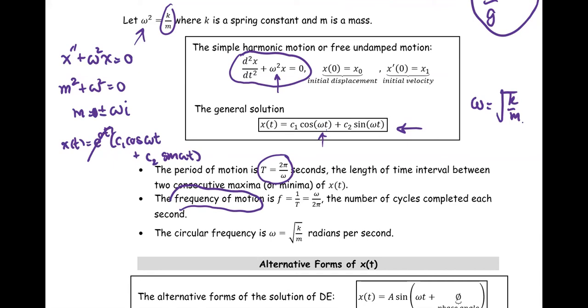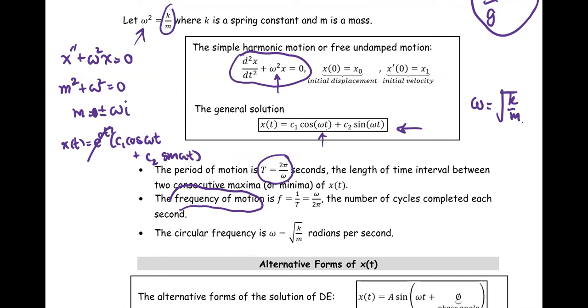Some problems have sub-problems to ask you after you get the particular solution using the initial displacement and initial velocity. What is the period? How long does it take to get there? Or at what point in time does it come back to the equilibrium position? So the period and the frequency will be part of the process to find the solution of those kinds of problems.